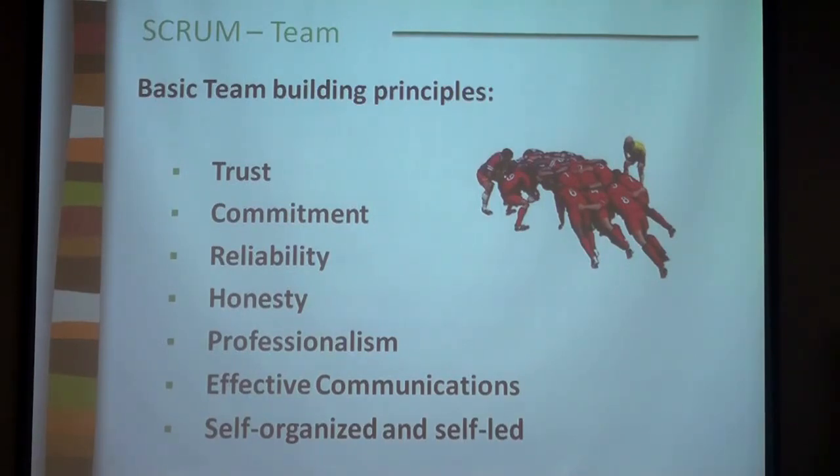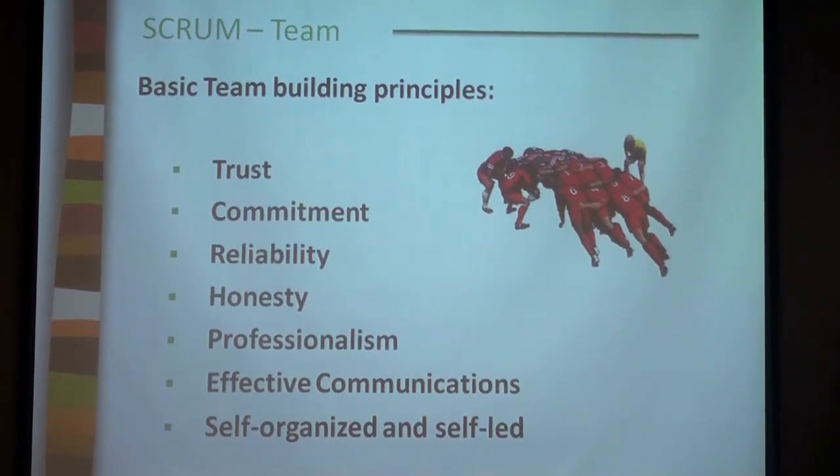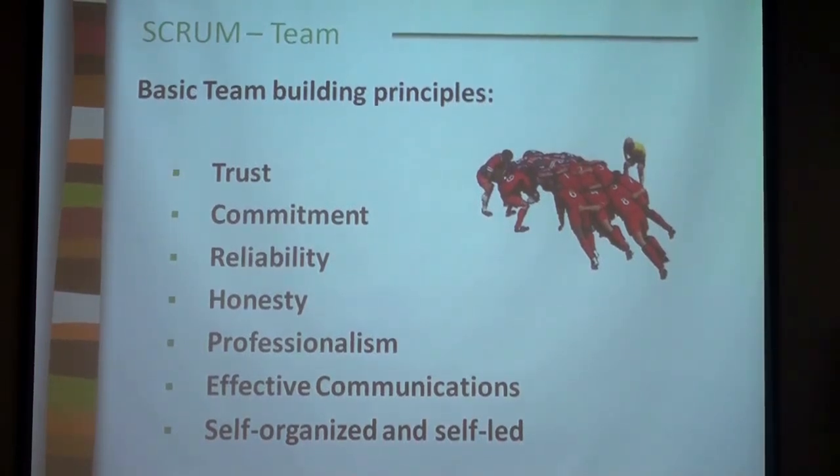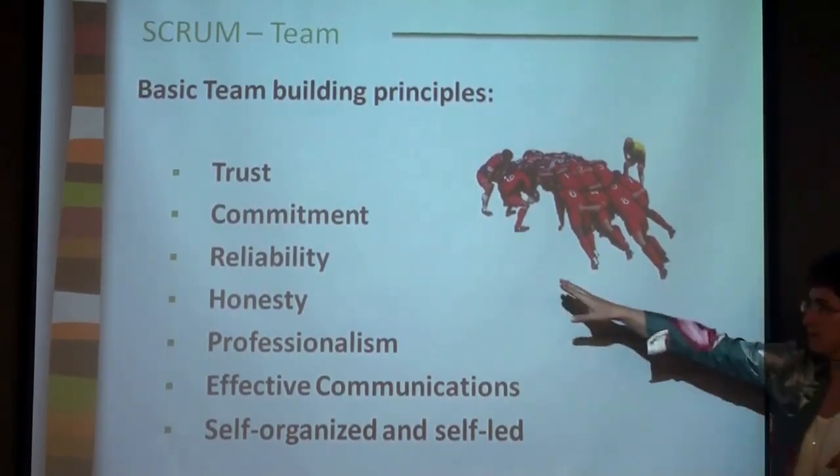If you know that something happened to you, or maybe, God forbid, your child got sick, so you will not be at work tomorrow, the Scrum Master is the first person you notify. So if something delays your effort, then you go to the Scrum Master and inform him about this. Commitment and reliability.